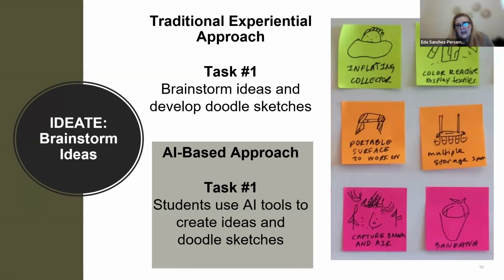So the next stage would be they would brainstorm ideas and then develop little doodle sketches for those ideas. The main challenge for the class was that you spent more time with students who were like, "I can't draw, I don't want to, I find this difficult."